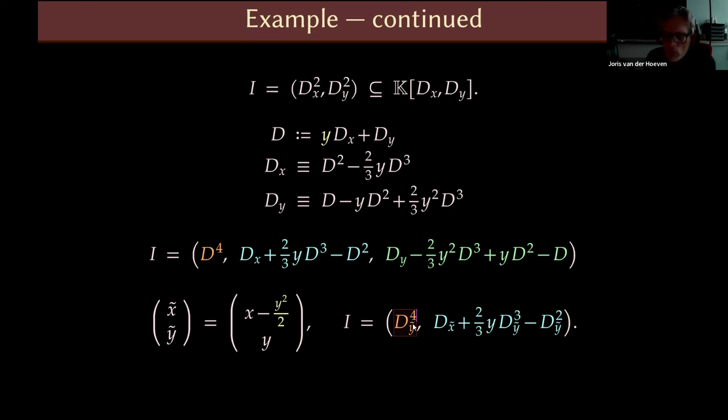You still have to see what happens on the blue parts, but you're definitely going to be able to write your ideal as an intersection of simpler ideals, which are all in this nice shape position. The shape position is going to be preserved, I think.